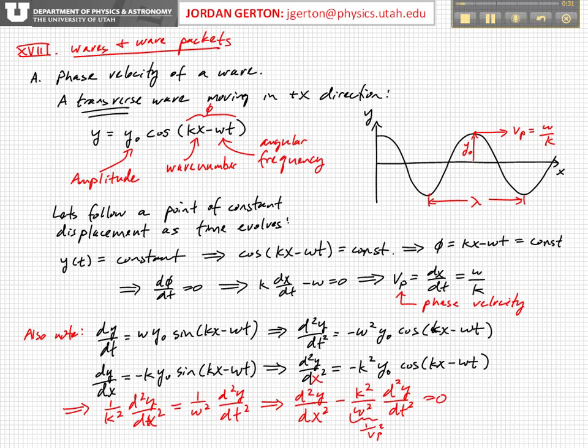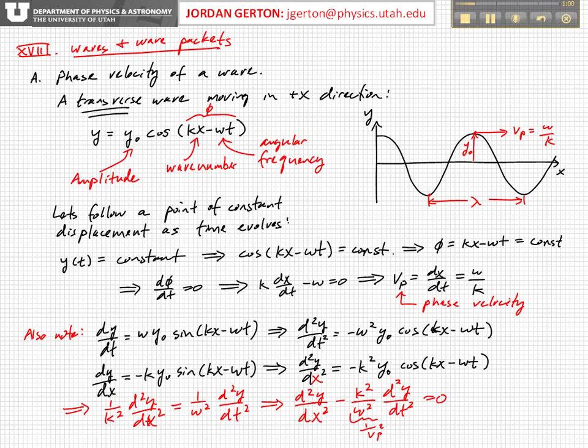Okay, so let's get back to the question of how this phase velocity is actually related to the velocity of an actual particle when we assume, as we've seen, that particles have wave-like properties, and so they can be described by a wave function in principle.